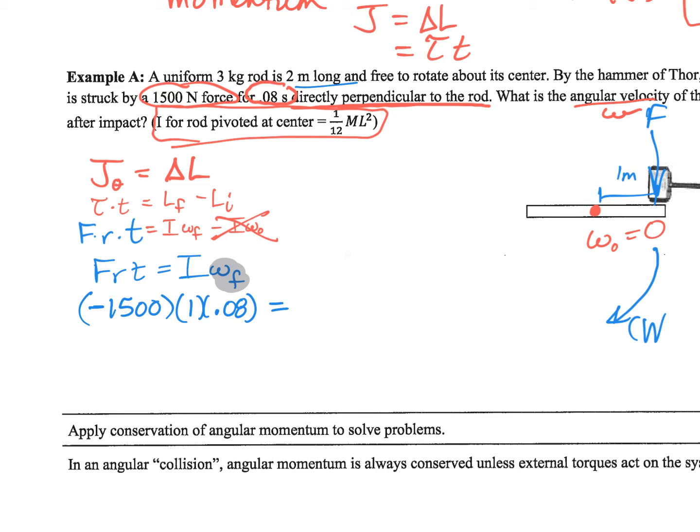And now we need to plug in I. I is this guy right here, isn't it? So we're going to come down and plug that in for I. 1 over 12. The mass was 3. And what's the length of the rod? This is the full length this time, isn't it? So this will be 2 squared. And then we do omega final. So if you know the formulas, you'll be okay on this.